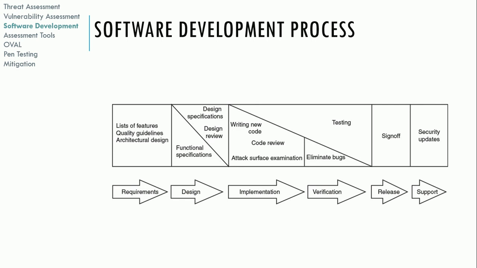And here's a graphical representation of that software development process. Why we're showing you this in a course like this is that it's important to know what a thorough and correct software development process looks like, so you have some idea of what to expect in an organization that's doing this in a way that would minimize these different vulnerabilities we've talked about.